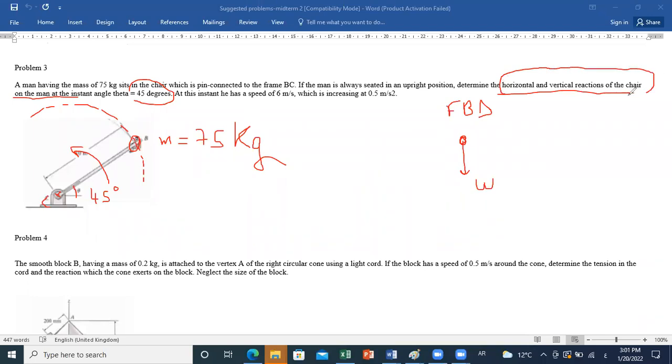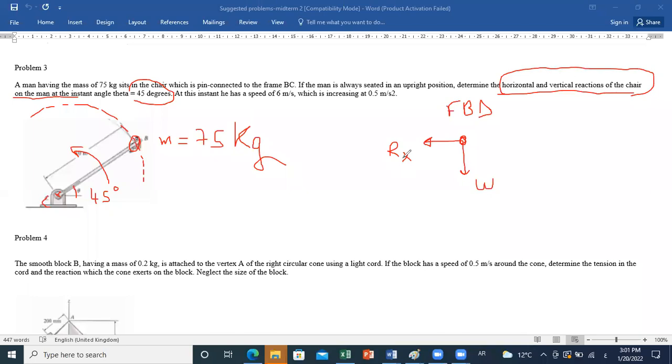Now they want me to decompose the action of the chair into two components, one horizontal and one vertical. So I can represent these actions. I will call them Rx and Ry. You can assume the directions as you like. You can put Rx to the left, you can put Rx to the right.